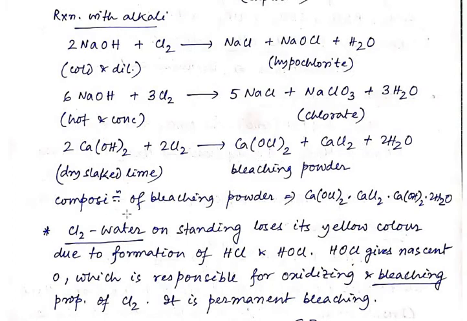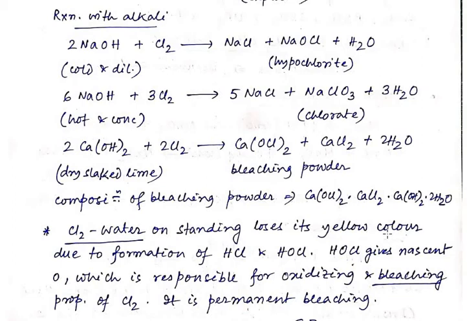Okay. So here I have written the composition of the bleaching powder: CaOCl2, CaCl2, Ca(OH)2 and water. That is the total composition of the bleaching powder.